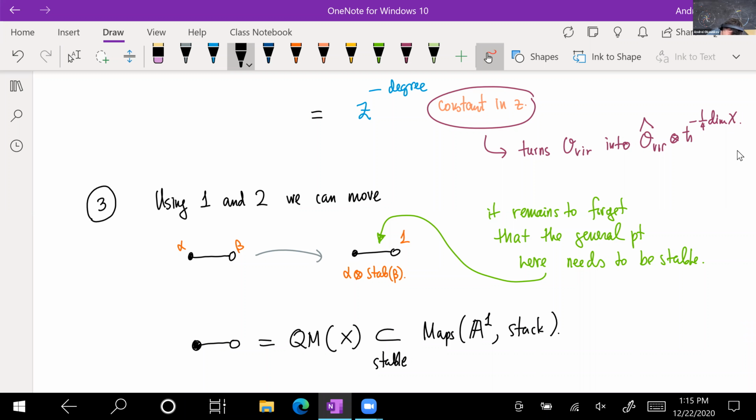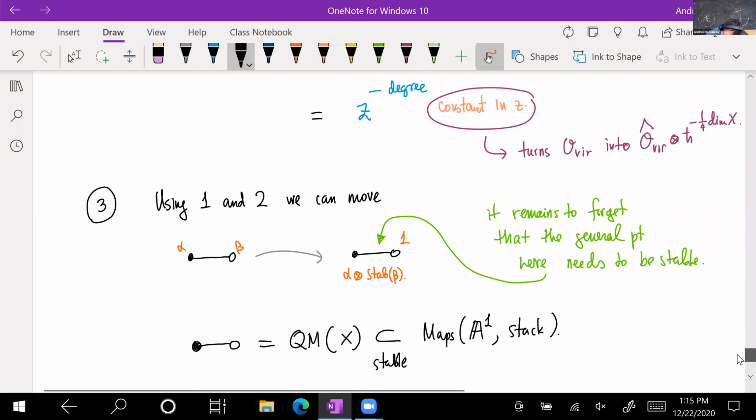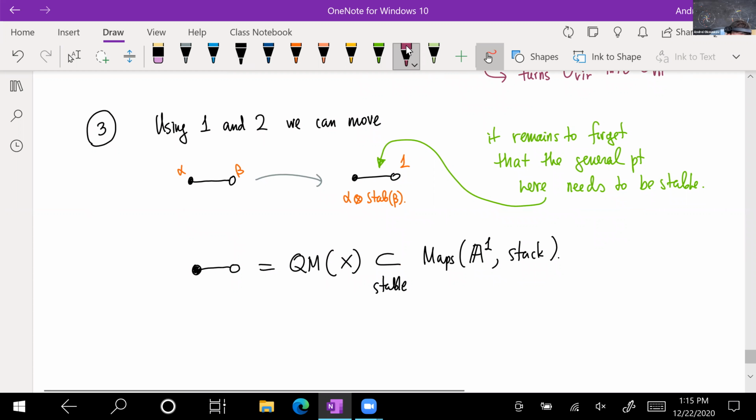So the quotient stack is a nice smooth stack, and then these maps will give the gamma functions. And so once we can put everything, instead of integrating here, we can integrate over that space, then we're done.